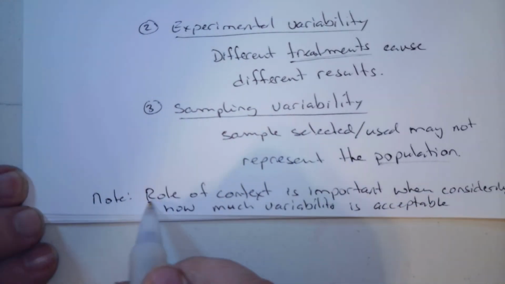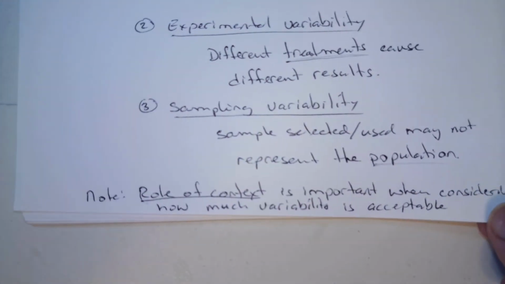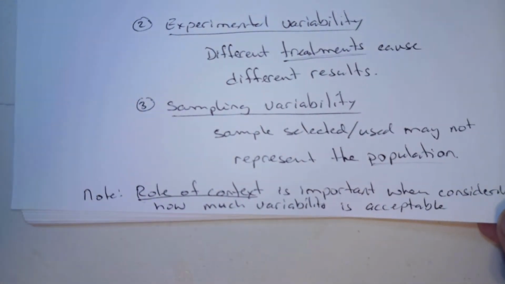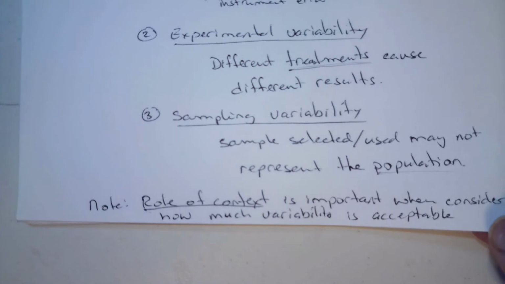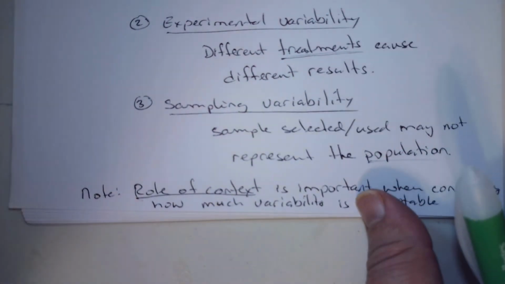What is the context of your survey? What is the context of your study? So, your questionnaire, your survey, what are you observing, when you're observing it. Each one of those will have a specific level of acceptance and variability. All right.